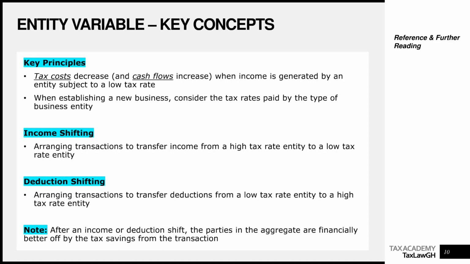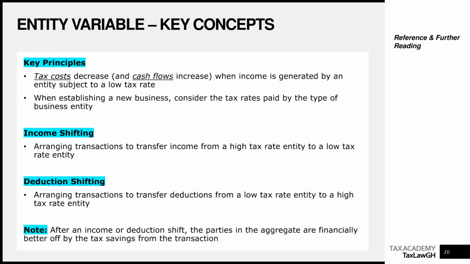So if you have income sitting in a low tax rate entity, and you also have income sitting in a high tax rate entity, what you want to do is to push all your deductions to the high tax rate entity, such that the high tax rate entity's income after deductions will be lower, so that the high tax rate will be applied on a lower figure. So your job here is trying to shift all the deductions to where the tax rate is high, so that by the time you take out deductions, the taxable income will be lower and you end up paying lower taxes.